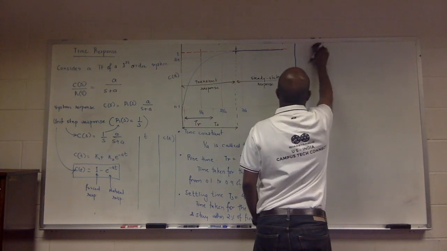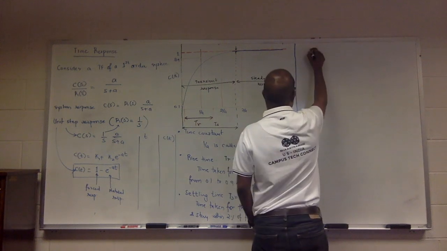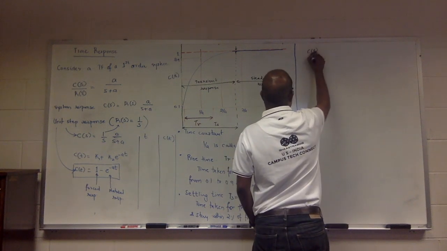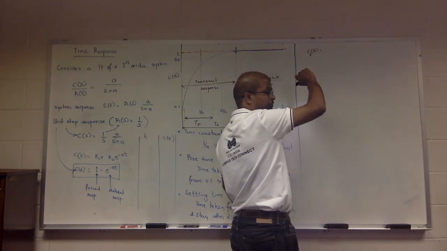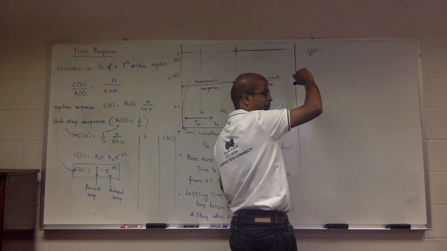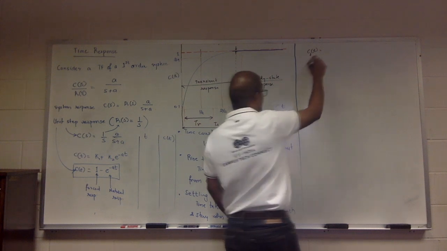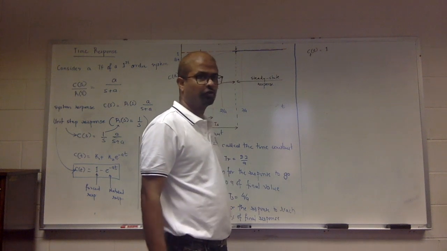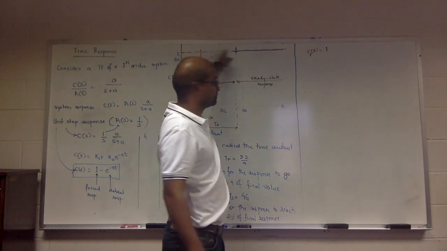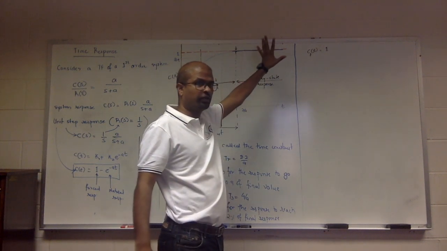Final C of t is what? Anybody? So what is the final C of t? When t is equal to infinity, it's only 1 over s. That's what you're asking? Okay. You with me? That's the final value, right? That's how much the final value is.